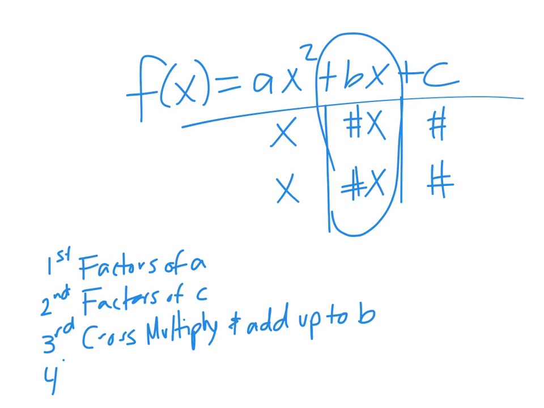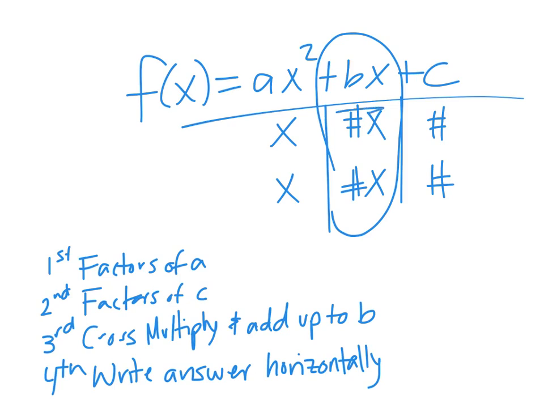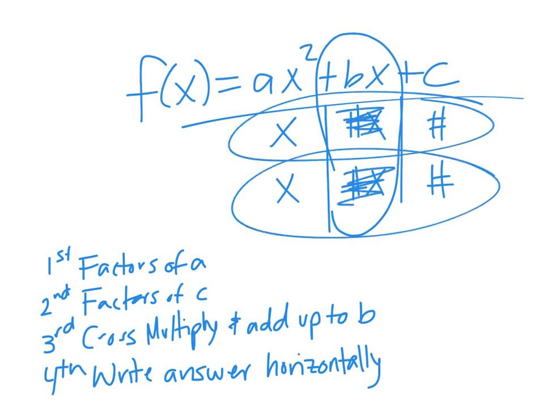And then fourth, your answer will always be horizontally. So we ignore the middle column and we write x and x. If it's positive, we do x plus the number. If it's negative, we put x minus the number, and that goes for both routes.